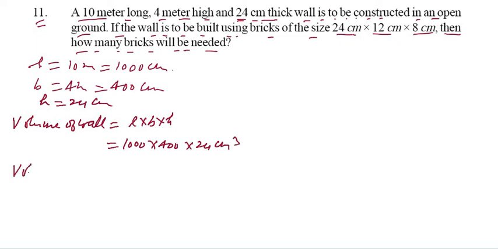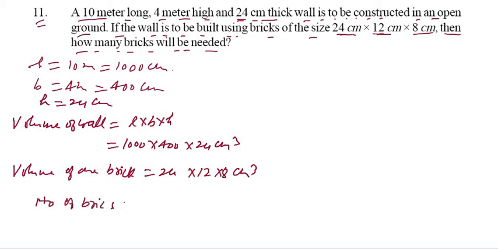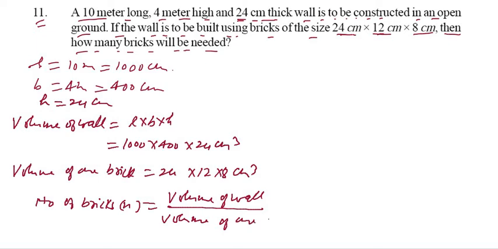And the volume of one brick, that is 24 into 12 into 8 centimeter cube. Now we can find the number of bricks, that is N, that is the volume of wall upon volume of one brick.